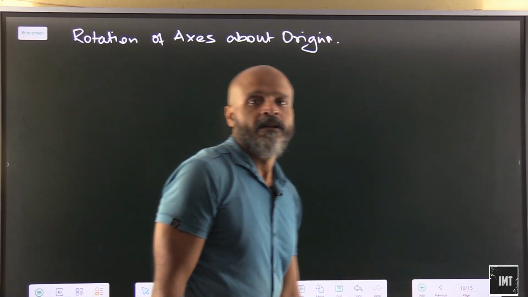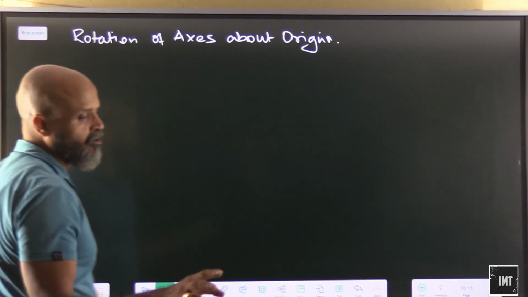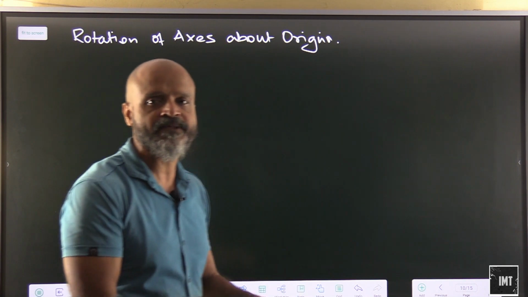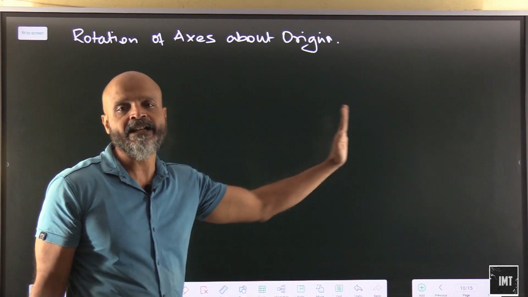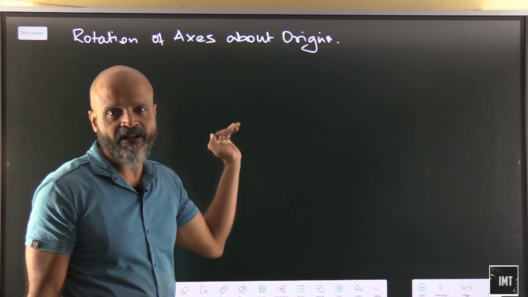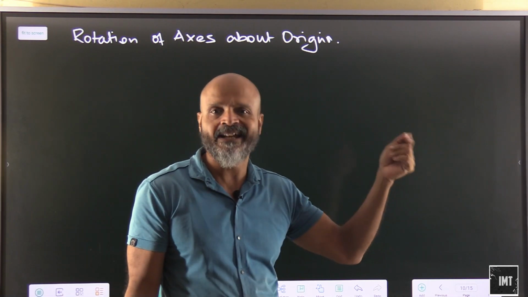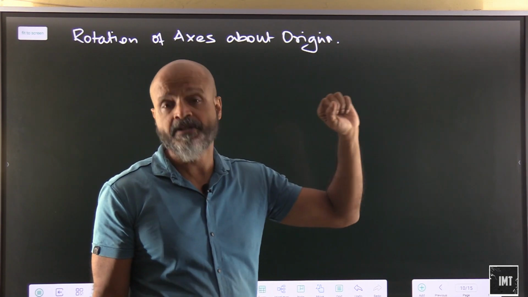Alright, so now we will talk about rotation of an axis. How do we find out the rotation of an axis? Till now what we have seen is that a particular point has been shifted either left, right, up or down, because of which we were getting new points h and k for the original points 0 and 0.